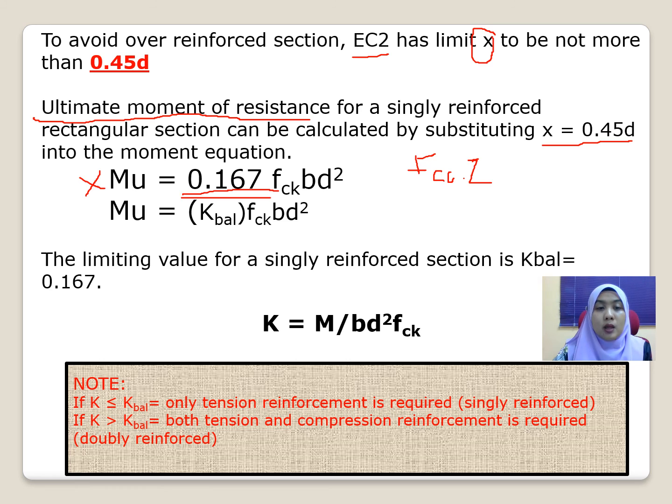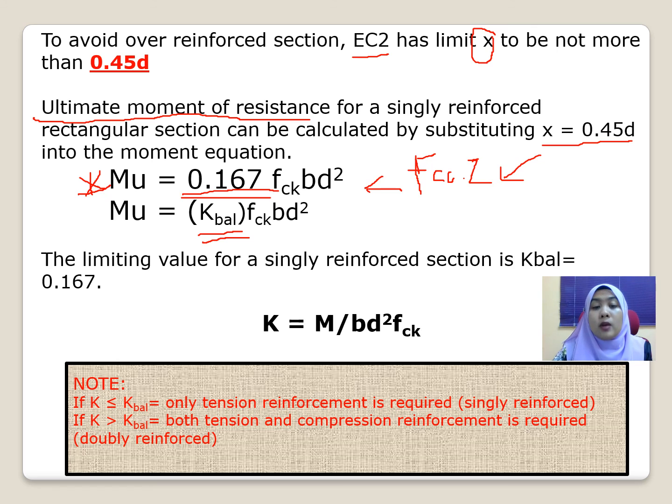Okay, so the ultimate moment of resistance. 0.167 is the coefficient that we call the balance, so that we get a balanced design. That's why 0.167 is called K balance.